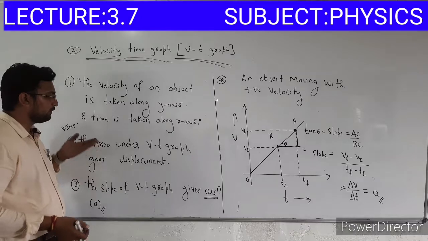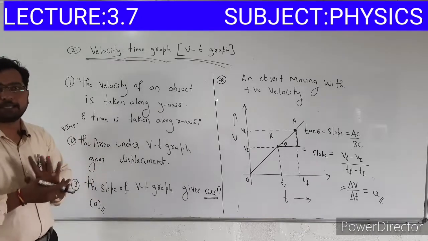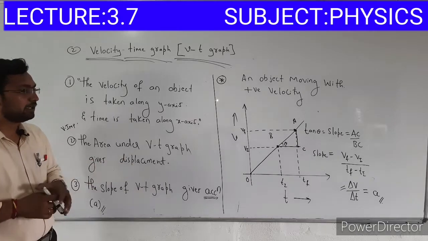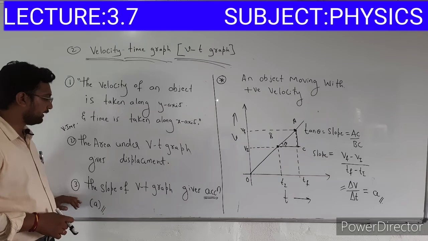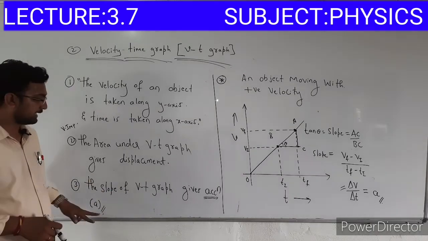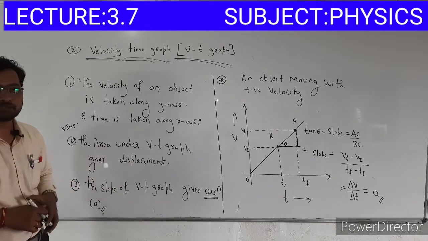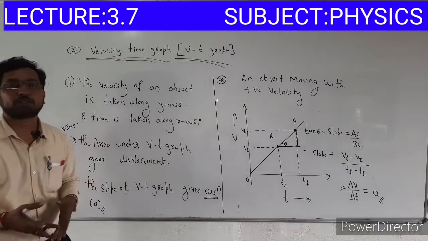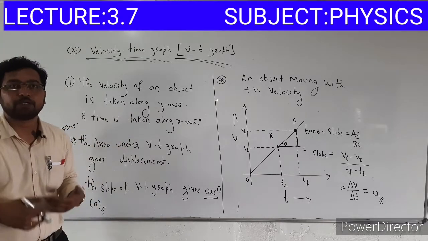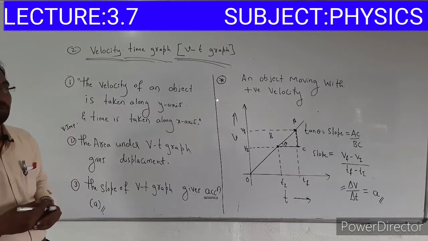Second, the area under the velocity time graph gives the displacement. Third, the slope of the velocity time graph gives acceleration. And fourth, with the help of the velocity time graph we derive the equations of motion.